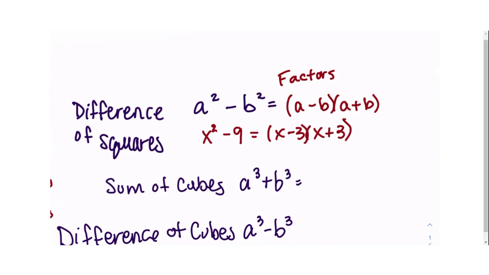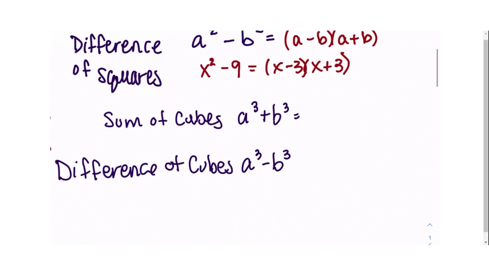Then we have the sum of cubes and the difference of cubes. They're very much related, and it's basically factoring it down to what it was. Sum means adding, cubes means that both things are to the power of 3.